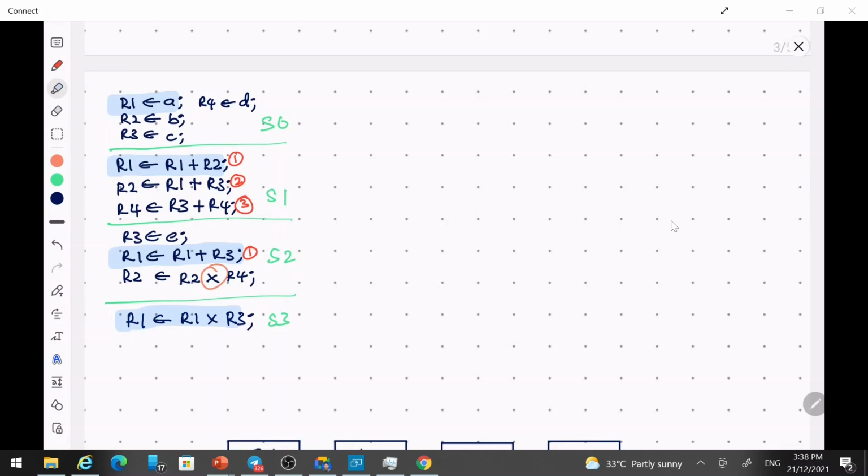This one and this one are the same, because both are from adder number 1. But this one is from the multiplier. All right, from the multiplier.